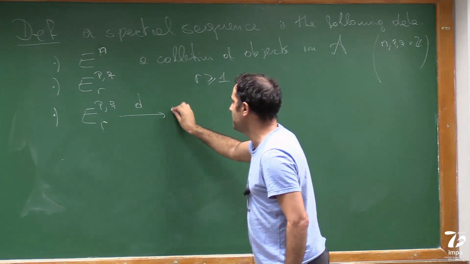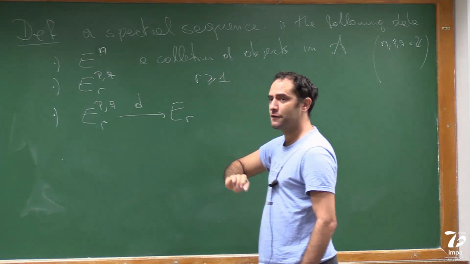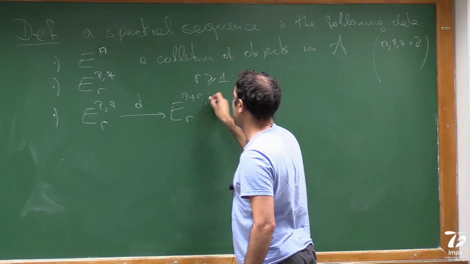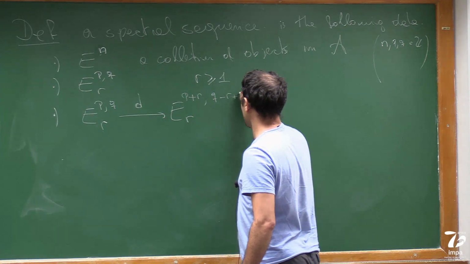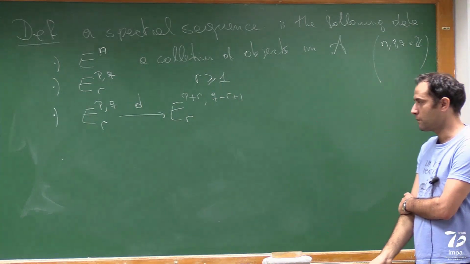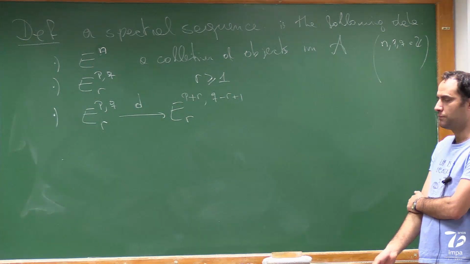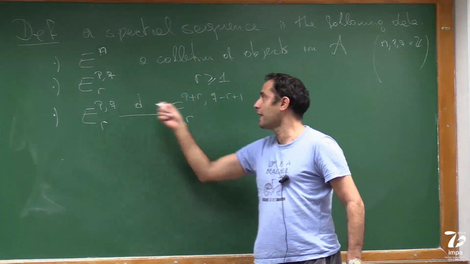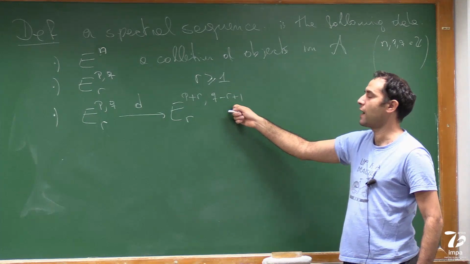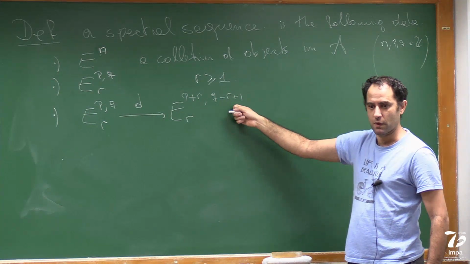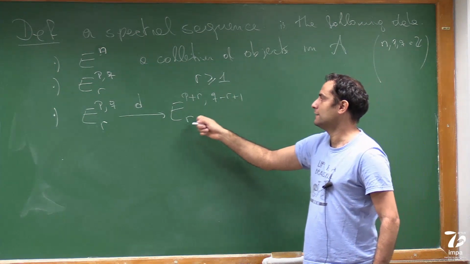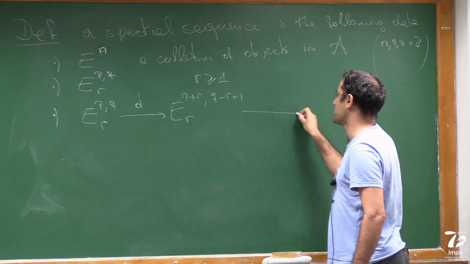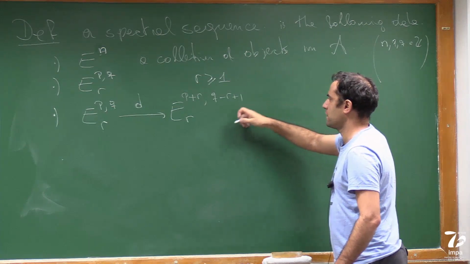It's just going to be d, but it preserves r, and it sends (p,q) to (p+r, q-r+1). So it increases the first guy by r, and it decreases the second guy by r minus 1.